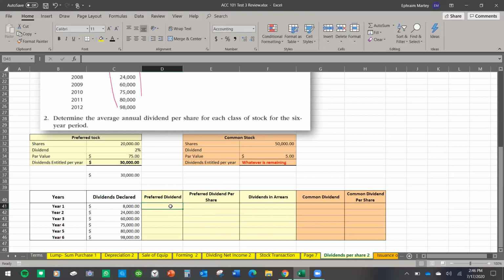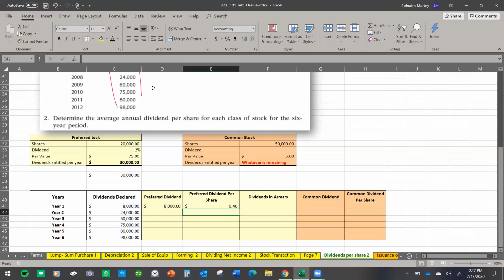Now preferred dividends. Year one, we need to pay them $30,000 right here. But do we have enough money to pay them? What amount did we declare? We declared only 8,000, so they are only going to get 8,000. The earning per share for each of them will be the amount they are getting divided by the total shares.